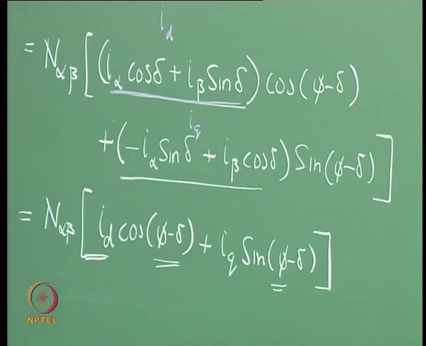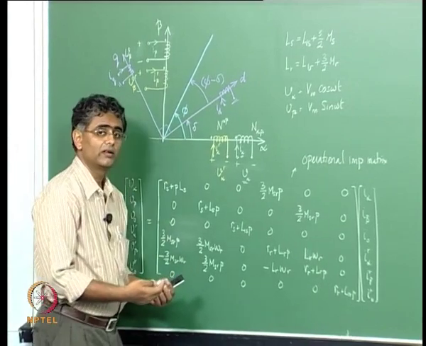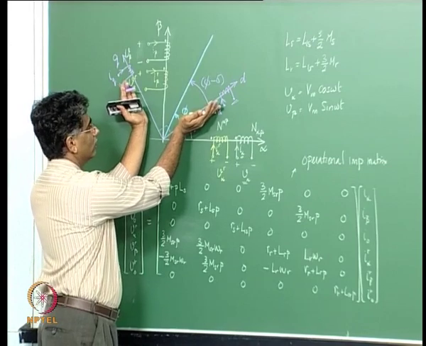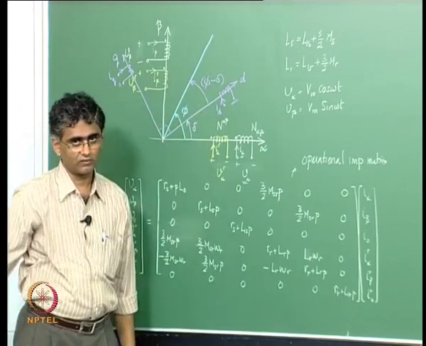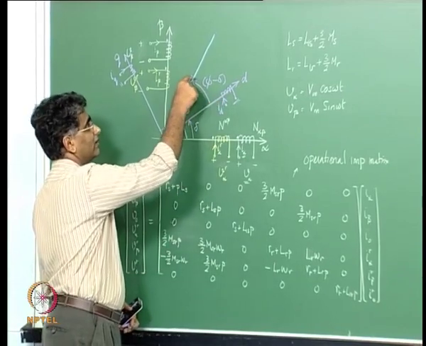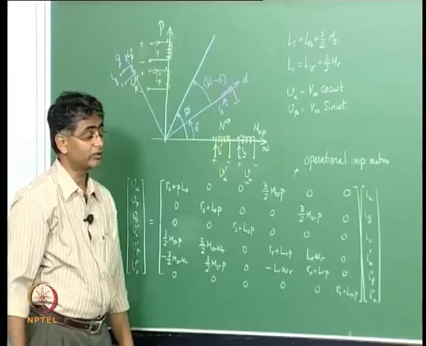So, effectively we are now looking at the system being viewed from this moving set of axes. We are no longer looking at this, but we are looking at the same MMF being generated from this set of axes which may be moving.